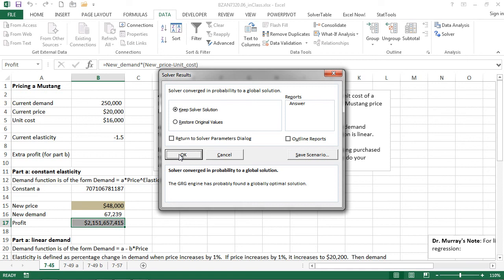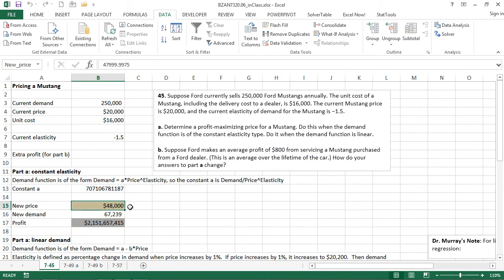All right, so I've got a pretty good feeling now about 48,000. I had a good feeling when it was at 50,000 for the upper limit, and now I have a really good feeling because I've given it a wide boundary, and it still converges on 48,000. So I'm going to say 48,000 is the answer.